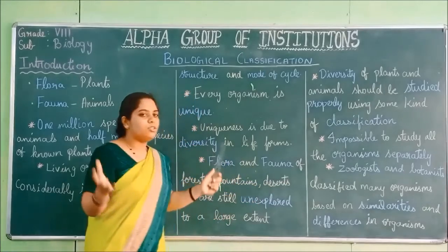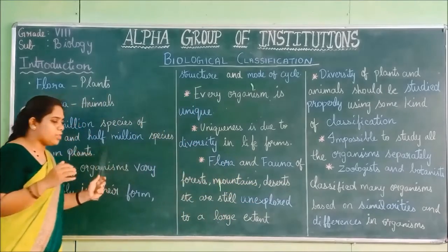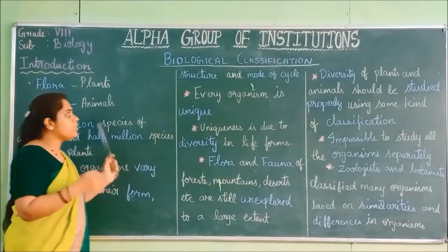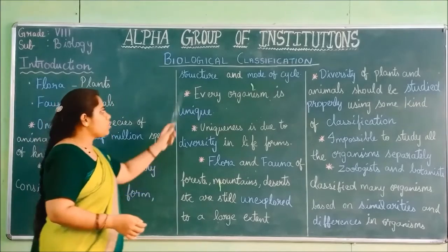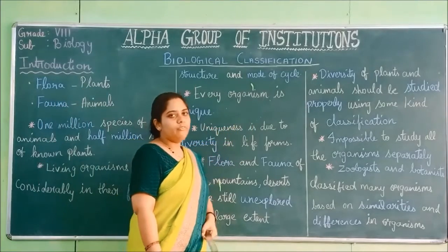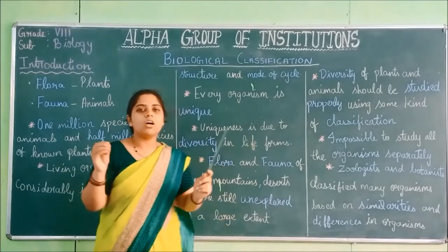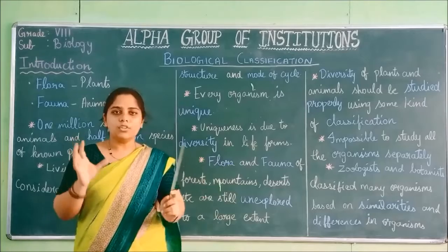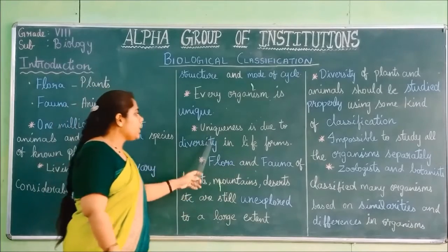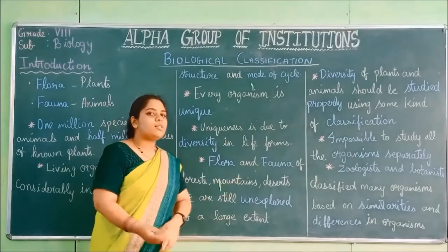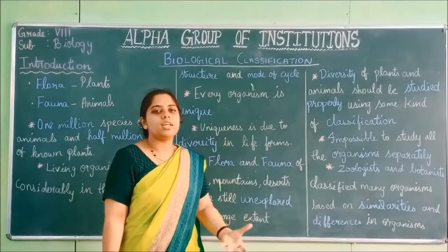So you should imagine how many species are there on the earth and how they differ. Each of them differs in form, structure and mode of life cycle. So every organism is unique. All the organisms are unique, and the uniqueness is due to diversity in life forms. So why is each organism unique?